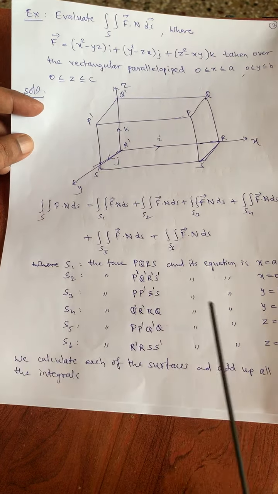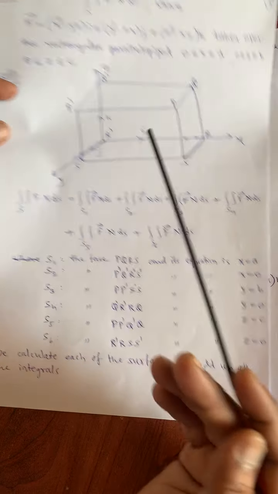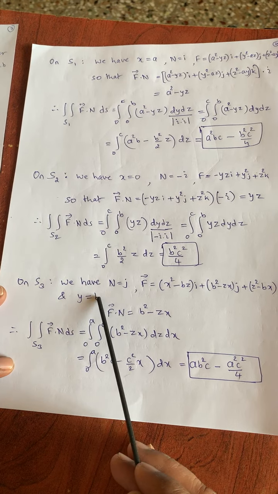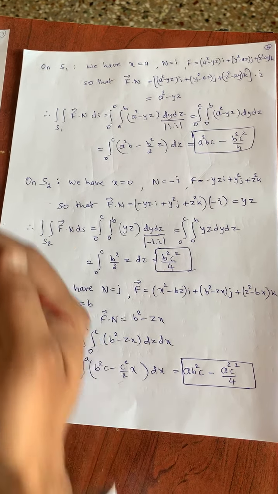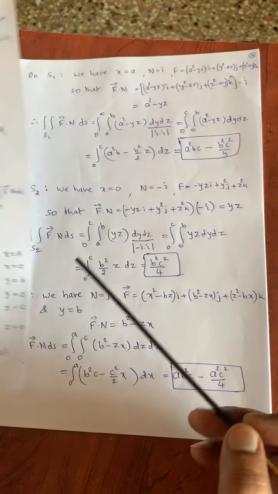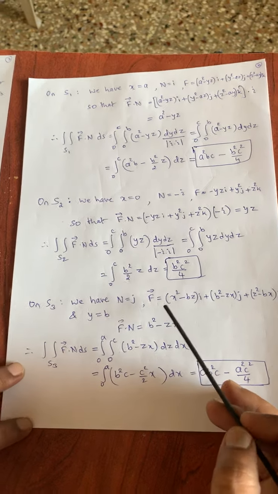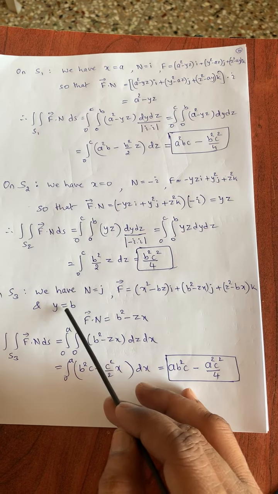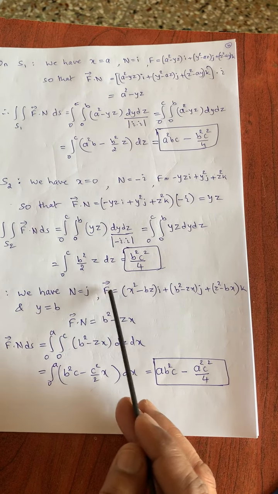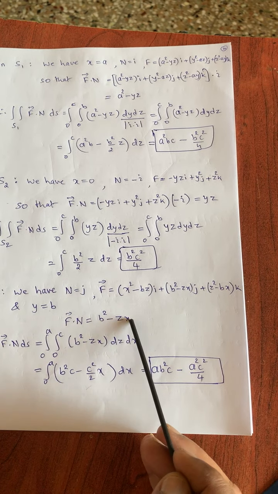So on S3, we have y equal to b, n equal to j, the unit normal in the direction of the positive y-axis. So in F, we put y equal to b, and n equal to j, so that f dot n is equal to b square minus zx.